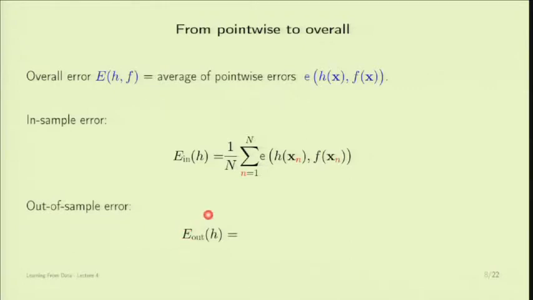Again, the out-of-sample error is the sample version of this error measure. Now, in this case, the point is a general point in space, so we are labeling it as x in general. This could be any point in the space that is picked from the script X, which is the input space. And in order to get an average in that case, you take the expected value with respect to x. That is the average for the out-of-sample case.